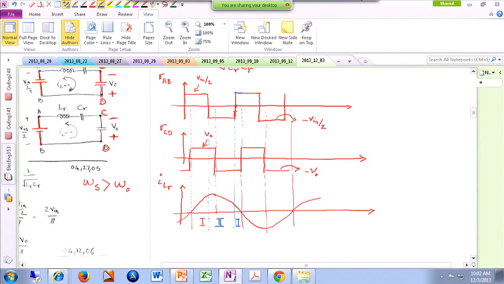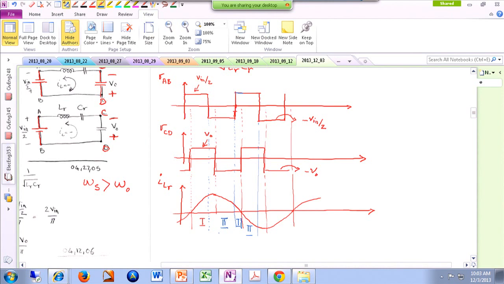All right. Then from here to here, so this is mode number 1. Then from here to here, you can see VAB is positive, ILR is negative, so that's mode number... and I'm sorry, this was not mode number 2. This is actually VAB negative, ILR positive. That is mode number 2.